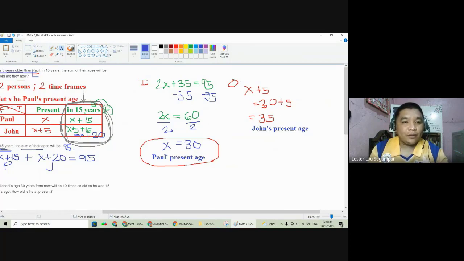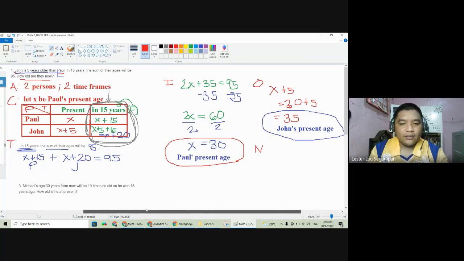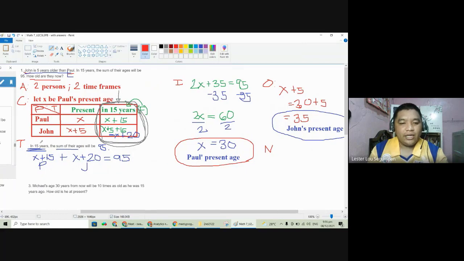This now completes our computation part. When I say computation part, only the solving portion, since we still have to check it. And how do we check it? We are going to verify by looking at the situation that their age in 15 years will be 95. So again, their age in 15 years will be 95.